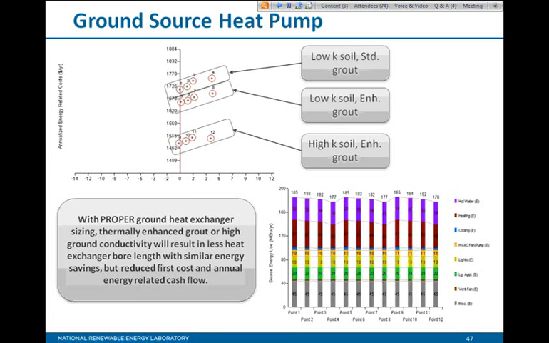Also, in climates that are not balanced, you are going to see severe degradation of performance throughout the years, because without enough heat exchanger length, you are either continually charging the ground so the temperature keeps rising, or continually discharging the ground so the temperature keeps dropping. So you won't be able to see steady performance.